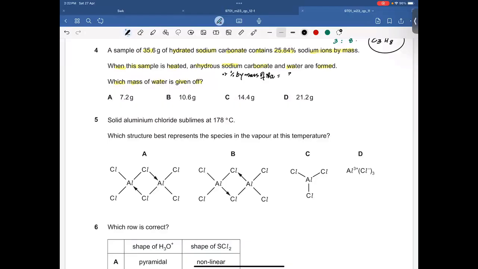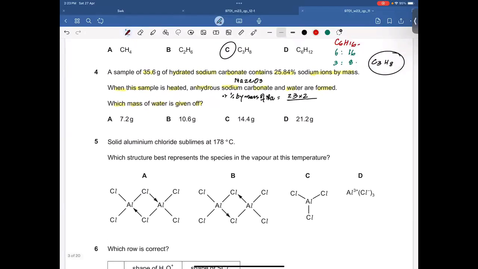We have 2 sodium, so 23 times 2. We have 2 sodium in the sodium carbonate. Sodium carbonate is a formula of Na2CO3, so we have 2 sodium atoms in the formula. So the AR of sodium is 23 times 2 because we have 2 atoms, divided by the MR of hydrated sodium carbonate.